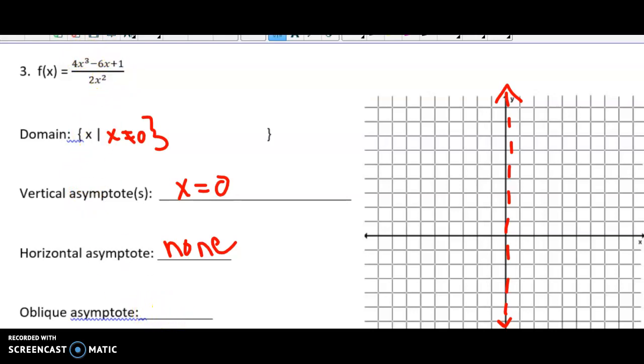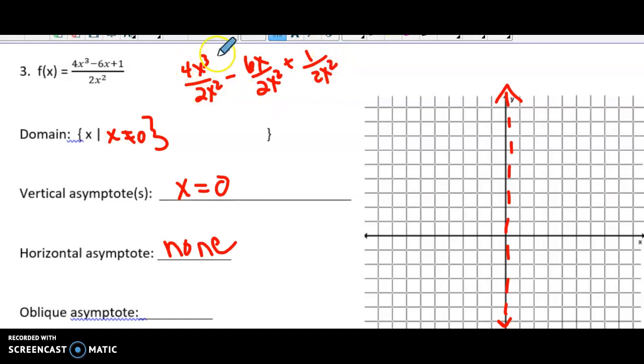The oblique asymptote or the slant asymptote is what we get when I divide 2x squared into each of these. And I see what's left. Okay.